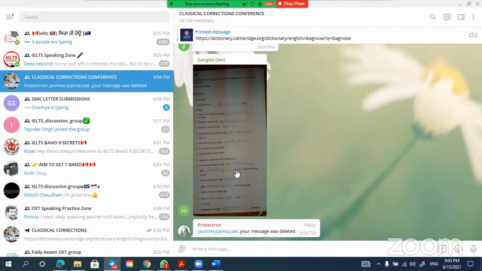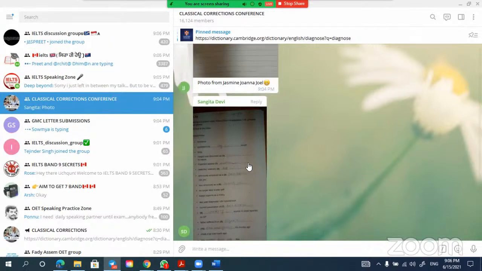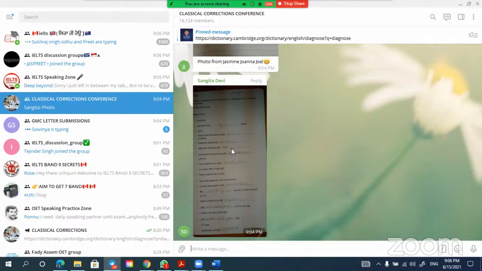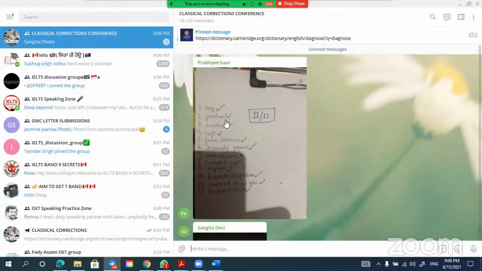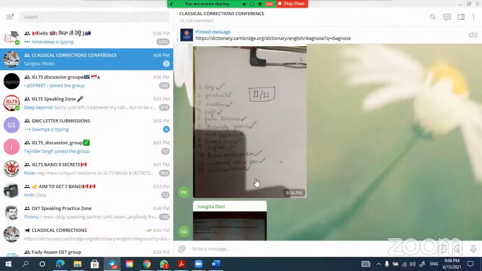Don't forward any message. Write down the marks, Sangeeta. Write down 12 by 12 and circle, or 11 by 12 and circle. This is wonderful. When you are taking pictures, take neatly. Why this shadow? Take in a nice big size position.